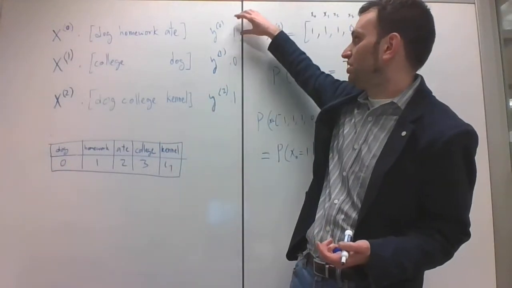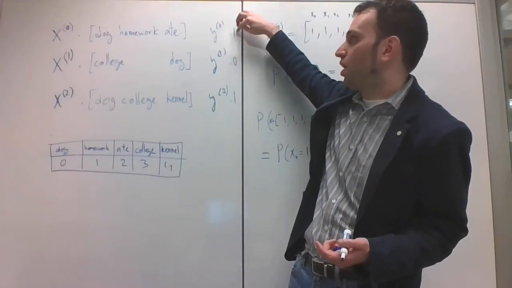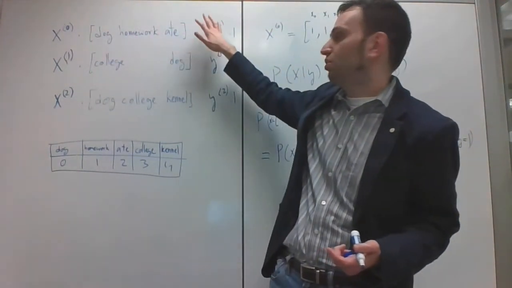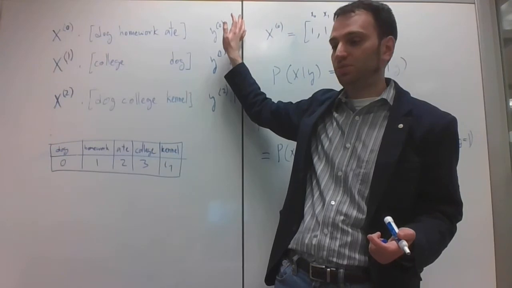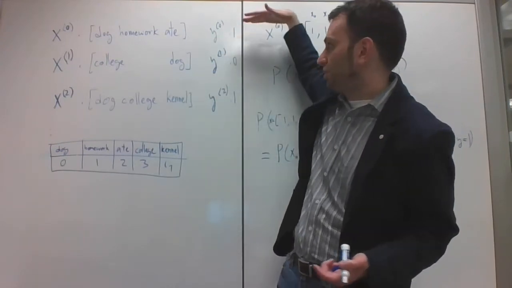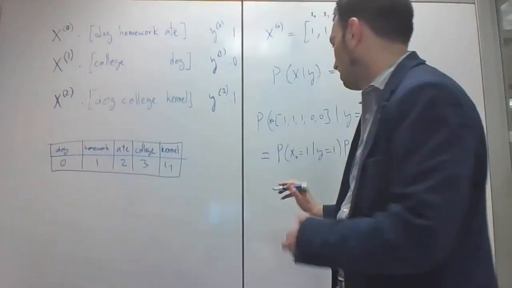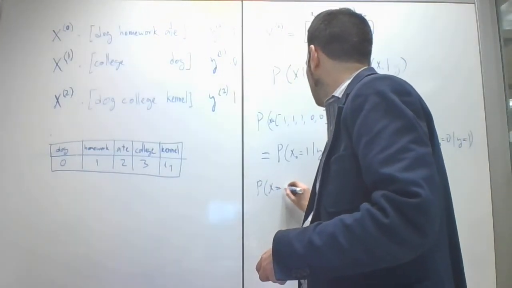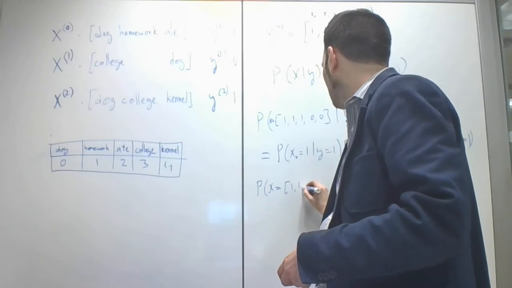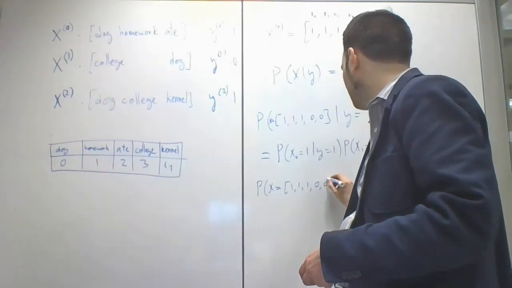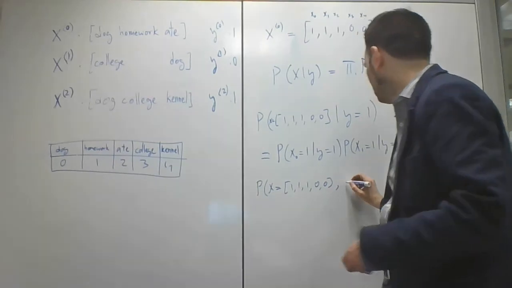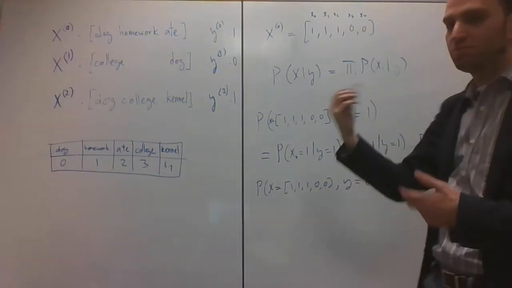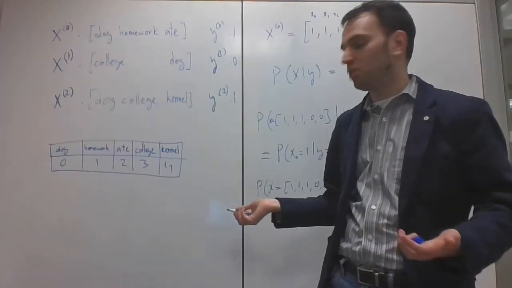It's the probability of y being 1 or 0, and the probability of each keyword given y equals 1 and given y equals 0. So, what is the probability of observing this data point? In other words, what's the probability that x is equal to 1, 1, 1, 0, 0, and also y is equal to 1, under the parameters of the model?